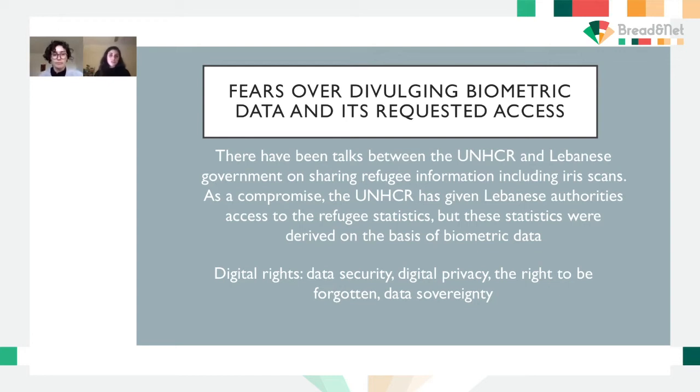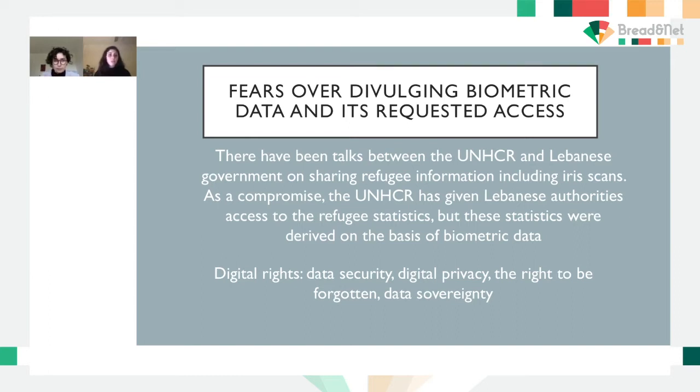The Lebanese government has demonstrated an eagerness to obtain volumes of information on Syrian refugees, which includes their biometric data. For instance, in 2014, they asserted that they have a legal right to access such information. Although the UNHCR has claimed that they do not share this information with the Lebanese state, one could understand why there are doubts on the ground about the UNHCR's claims regarding information shared and how it can be used.